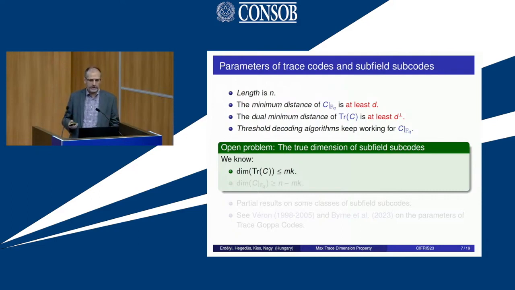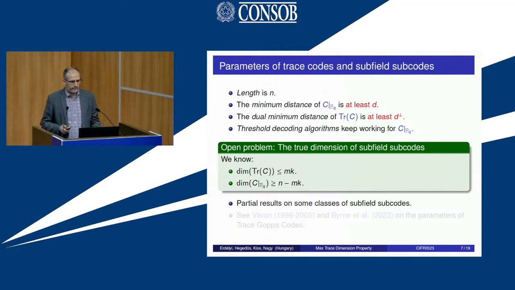Then you get a generating set for the trace code, but it is not necessarily linearly independent. And by duality, you get this lower bound for the dimension of the subfield subcode. I speak about maximum trace dimension, so we are interested in codes where for the trace code you have equality with this upper bound.